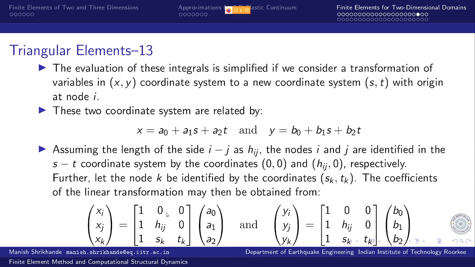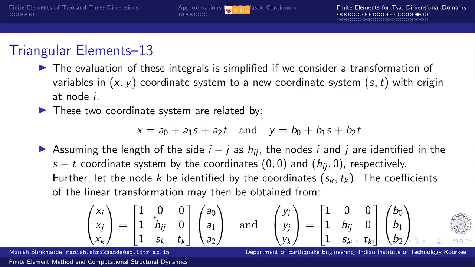So once we have all that, we have a mapping between the three nodes of the triangle vertices in the xy coordinate system and the st coordinate system. And once we have that, it is a lower triangular matrix, and this can be solved very easily, like forward elimination.